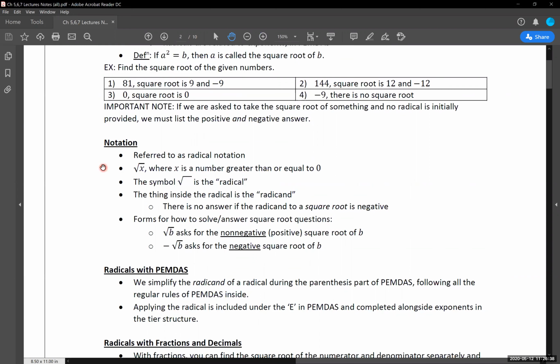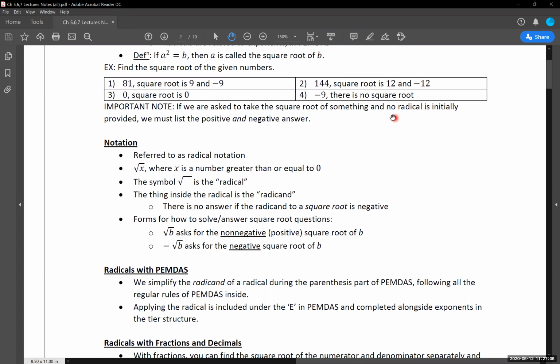So our square root of x is what we are going to be referencing with a couple of our definitions that we're going to have showing up here. We're going to assume that x is a number greater than or equal to 0, so that way we can actually have an answer showing up in this. So the symbol that we have showing up, this squiggly looking one here, is referred to as the radical. So that's where we get this radical notation from.